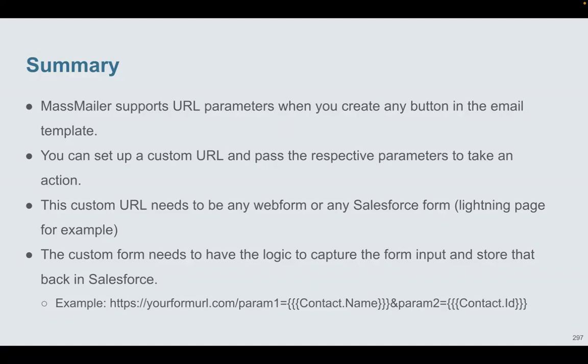Ultimately, your goal is to capture the user input and take an action. Maybe you want to update the same record, the contact record, the lead record, or do something else. But that logic, that action, that intelligence has to come from the landing page, and the component that is the listener working behind that landing page. So basically, it's more like a web server form, in simple, plain words. You have to have that infrastructure ready.